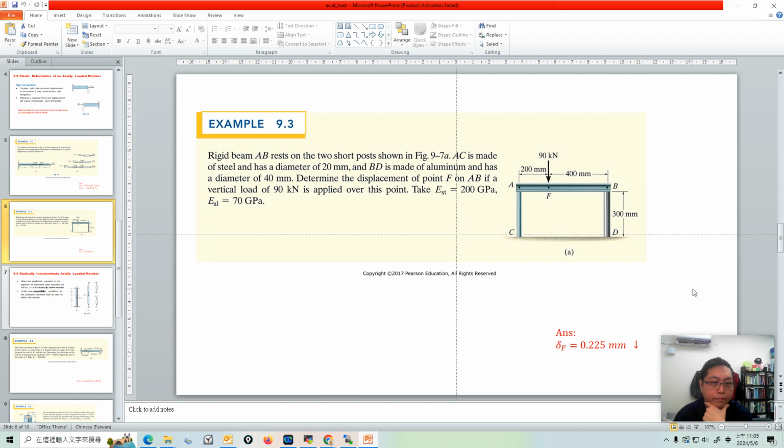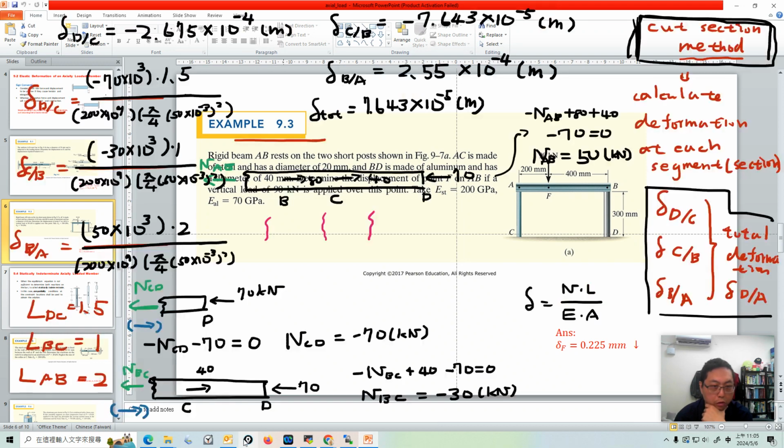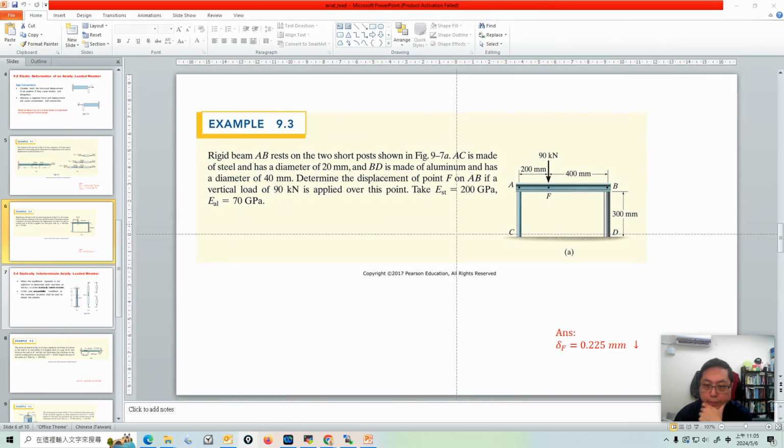So we need to draw some diagram. Let me draw the free body diagram of the beam AB. We draw this beam, A here and B here.